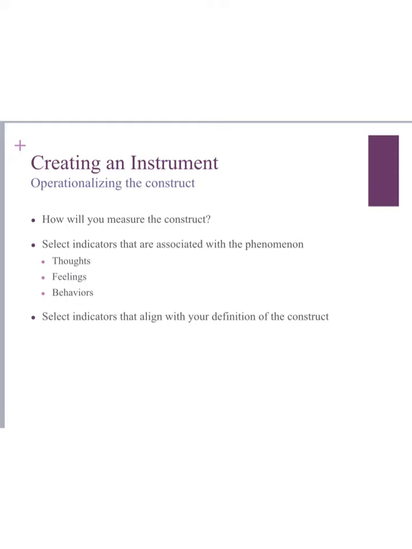A feeling that might be an indicator of therapeutic alliance could be, I trust my therapist. And a behavior that could be an indicator could be, I am honest with my therapist. Or you could even measure an observable behavior, such as attending therapy consistently. So your indicators have to align with how you have defined the construct.